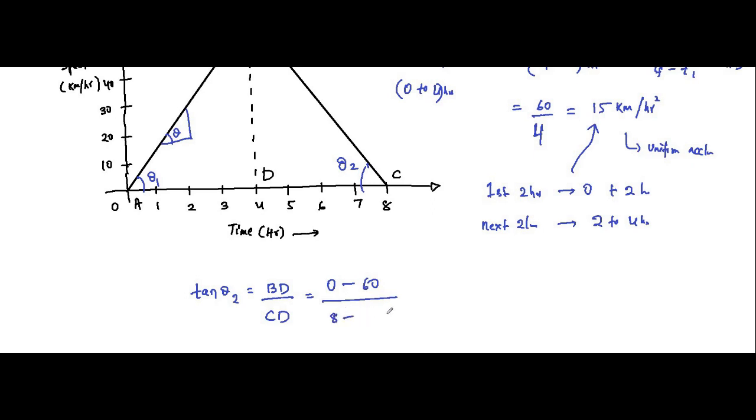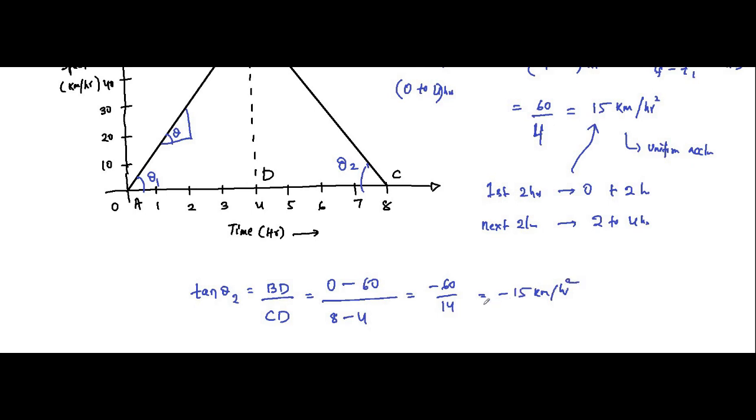It is minus 60 by 4, which is equal to minus 15 kilometer per hour square. So if you see, both the acceleration and deceleration have the same slope magnitude. Acceleration and deceleration magnitudes are equal, 15 km per hour square, but just the sign is different.